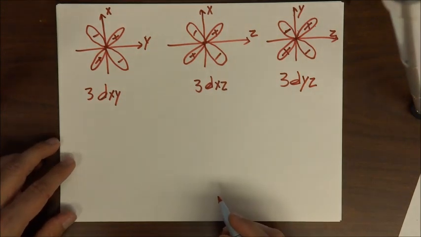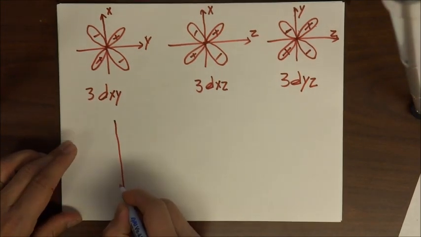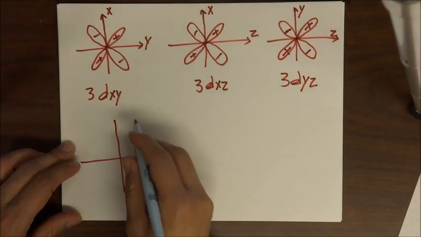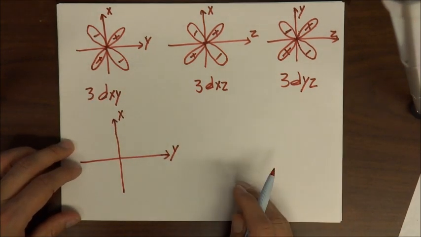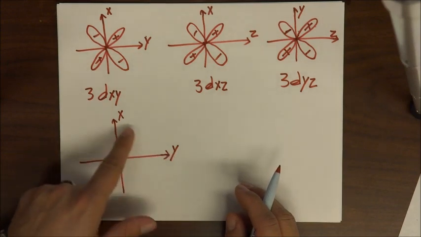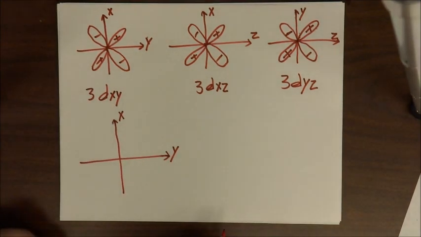Another d orbital. If you go with, say, X, Y, you can put X here, Y there, it doesn't matter.